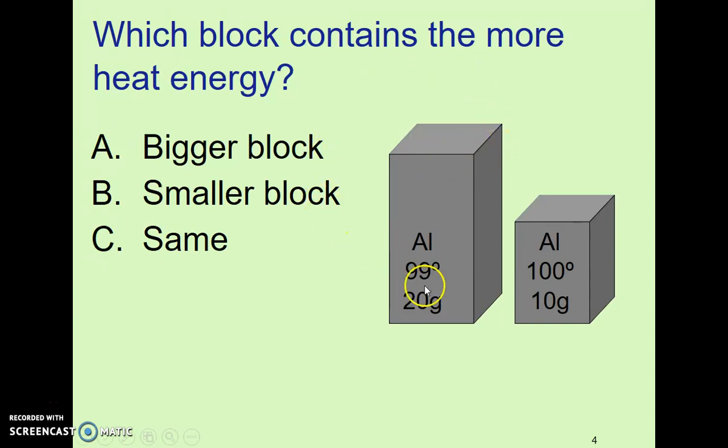While the temperature of this block is 1 degree lower, it's double the size, so it took twice the amount of heat to get it to 99 degrees. There's more heat stored in this block because it's bigger, even though the temperature is lower.